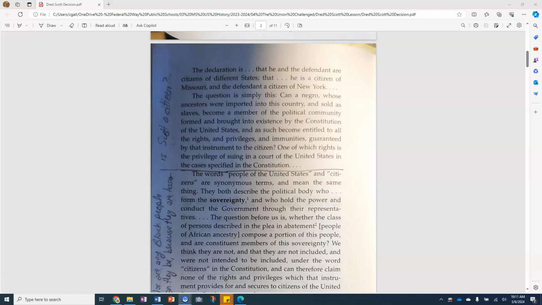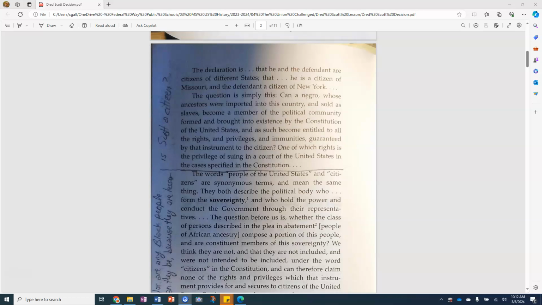All right, so these three paragraphs really go through a handful of things, right? Who were Scott and Sanford compared to each other, right? And then just a touch, not much, just a touch about their background, right?